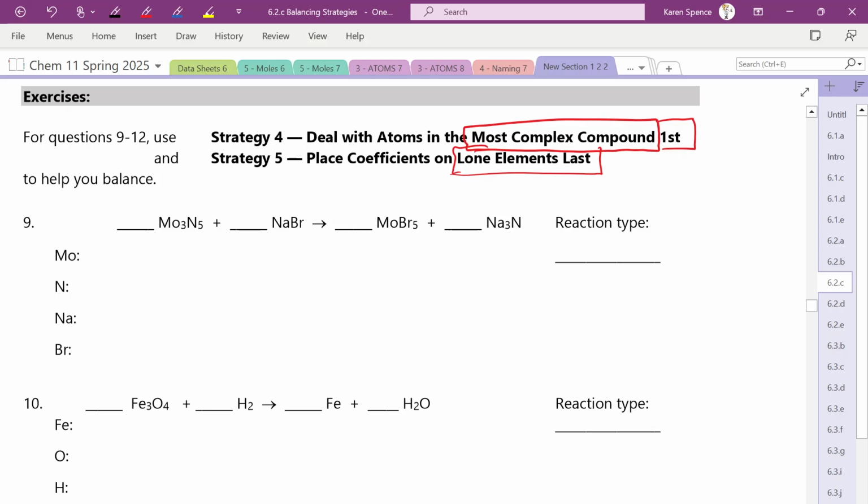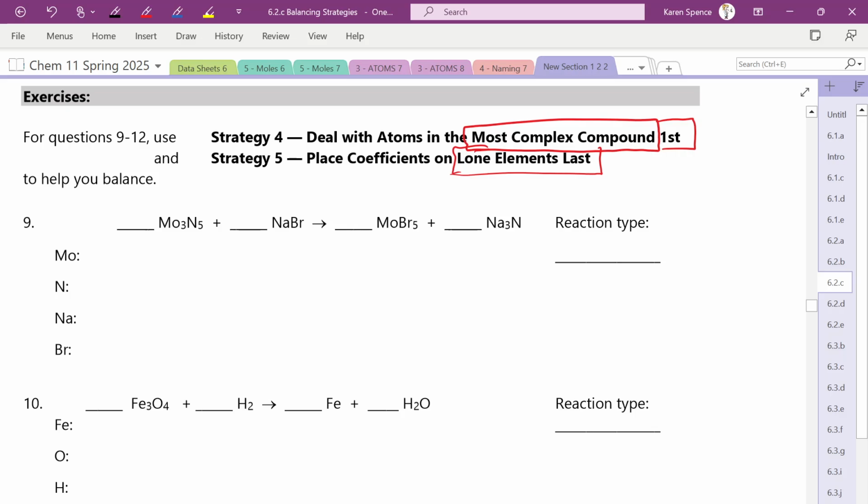Okay. Now, this one is not a compound of a compound. So balance your oxygen.